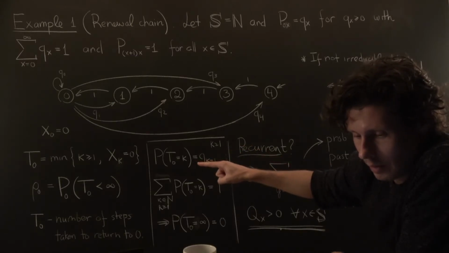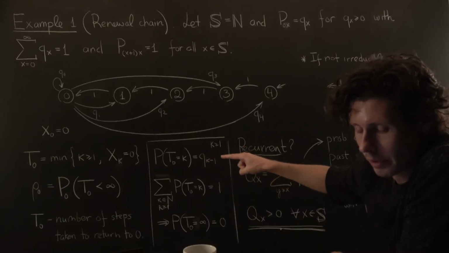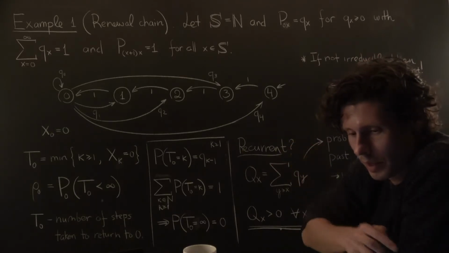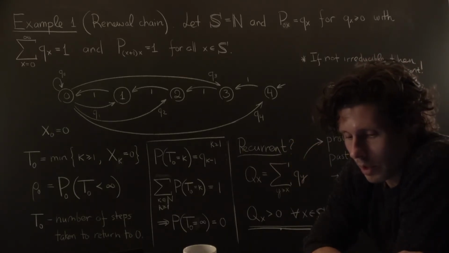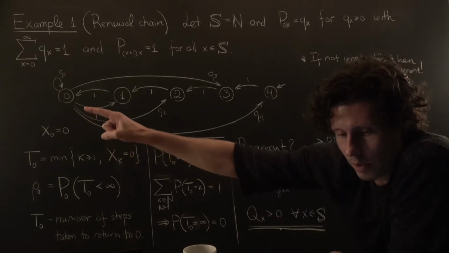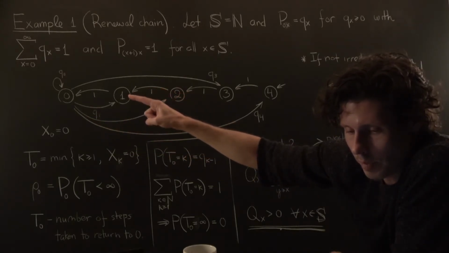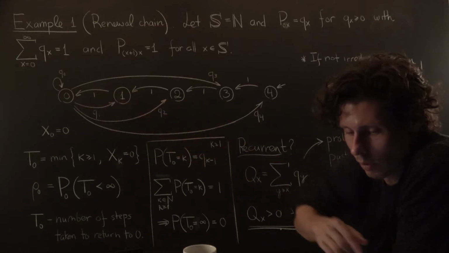And it shouldn't be too hard to convince you that t naught equal to k has probability little q k minus 1. We can try to run an example. What is the probability that we return to 0 in, say, 3 steps? Well, in 3 steps we can do it like this. We start at 0, we go to 2, then we take one more step here and one more step here for 3 total number of steps.